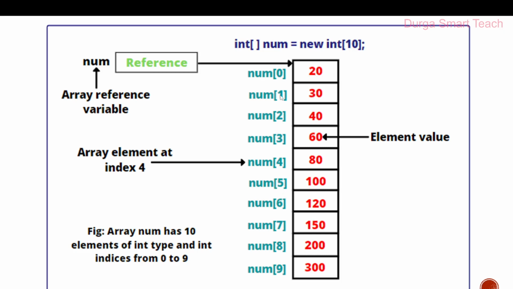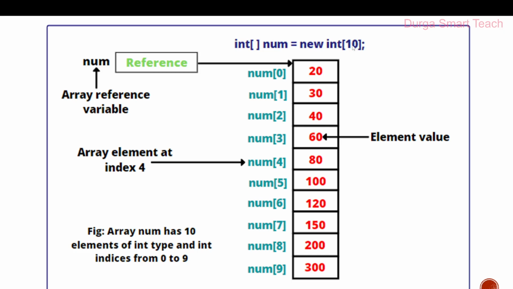If you want to access any of the values through the index value, we can use num, where num is the array name. Here is the array element at index 4. Suppose you want to access the value 80, it is located at num of 4, array name of index value, like this.